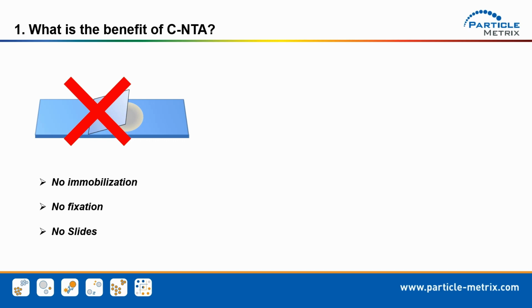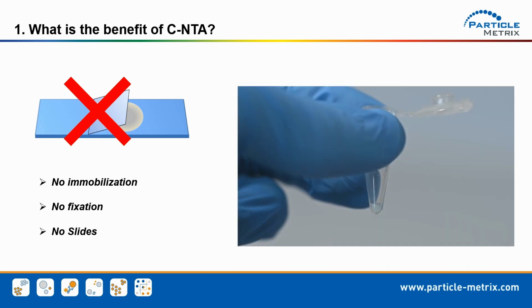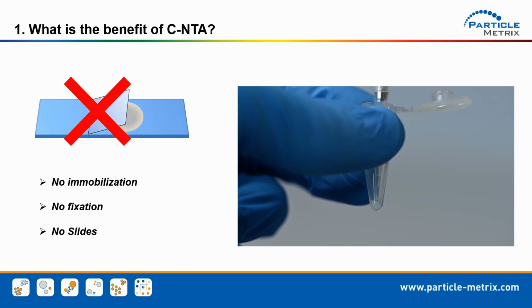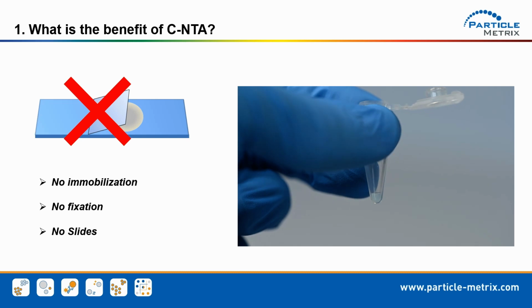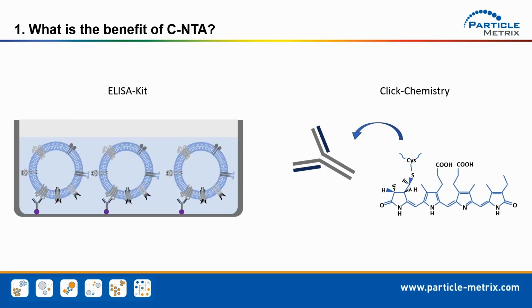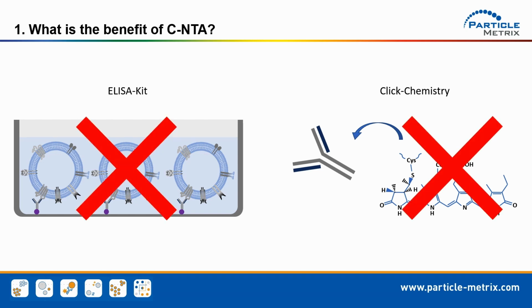What else? Very little sample is necessary. In many cases, only 1 microliter of the original purified EVs is sufficient for complete fluorescent labeling. And last but not least, since there are so many antibodies and dyes on the market, there is no need for expensive ELISA-like kits or any other kind of click chemistry.